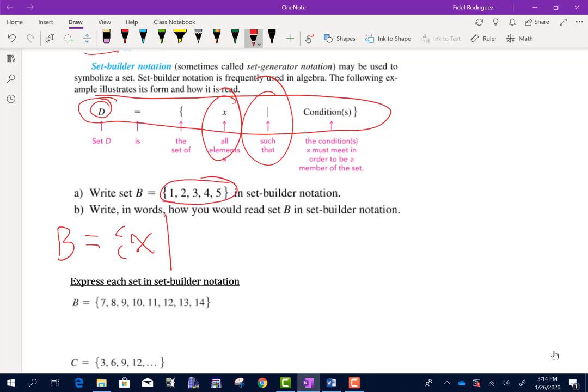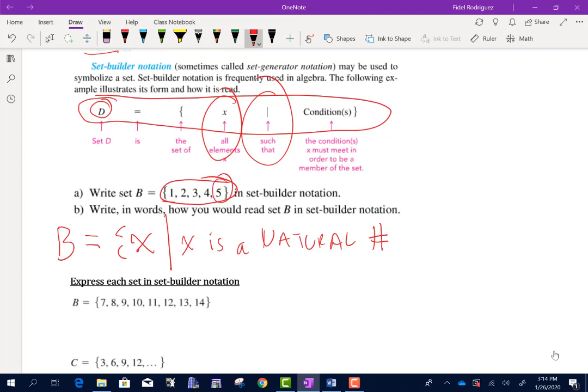Number one, those are all natural numbers, right? Because I don't have any 2.8s or anything like that. No negatives. I don't even have the number 0. They're all 1, 2, 3, 4, 5. So they're natural numbers. So we're going to say X is a natural number. I'm going to abbreviate here.